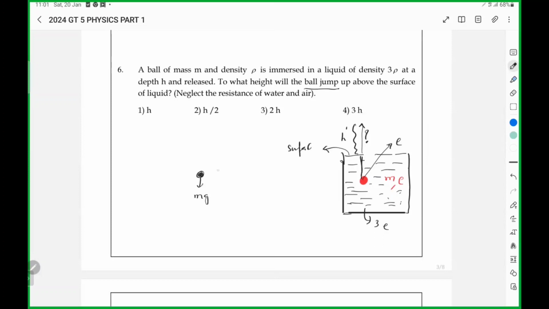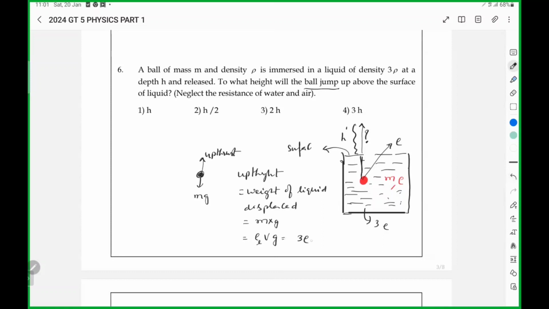One is its weight, the other is upthrust. Upthrust is nothing but the weight of the liquid displaced. So liquid mass into g, which is density of liquid into volume.